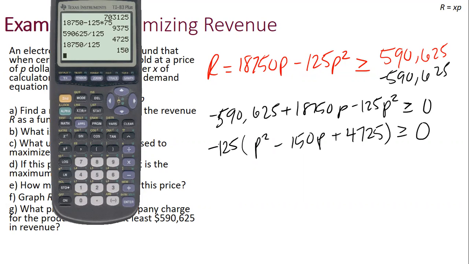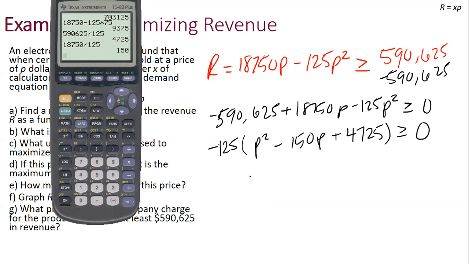So at this point, we can do a simple factor if we know the factors of 4,725 by heart. I don't know if you guys do. If we knew those factors, we could do that, or we could just do the quadratic formula. I say do the quadratic, but if you know your factors of 4,725, then you could do a simple factor, but I don't.